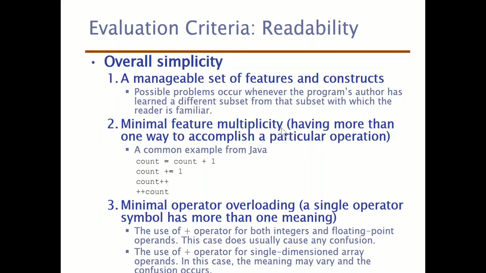We have multiple ways to express the same scenario, and this is usually somehow a way of confusion. So that's why it should be somehow minimized. It's good and bad at the same time, but for readability it's bad.